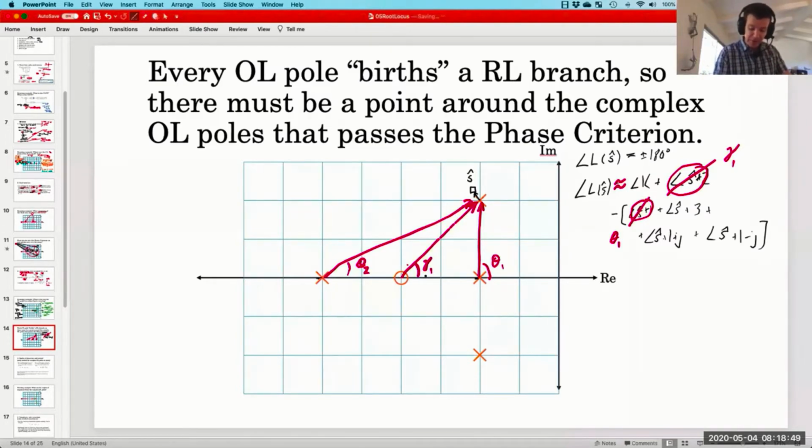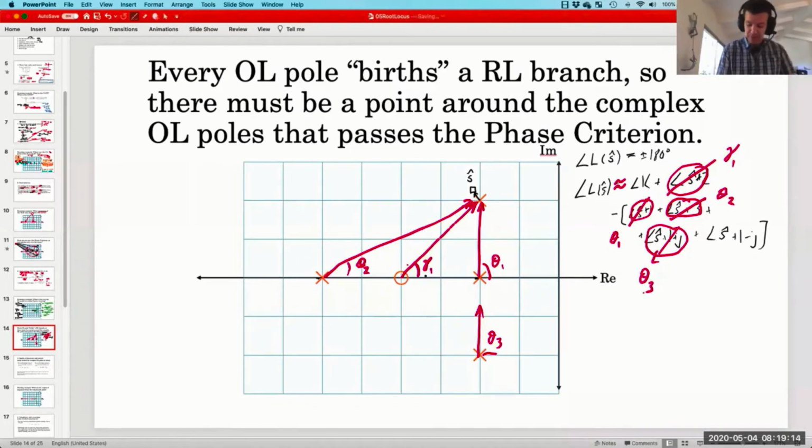And I'm going to use the only point that I know in this area as my guideline. So this is going to be now theta sub 2. And this, call it theta sub 3. And that's the vector pointing from, I think it's this point, to S hat.